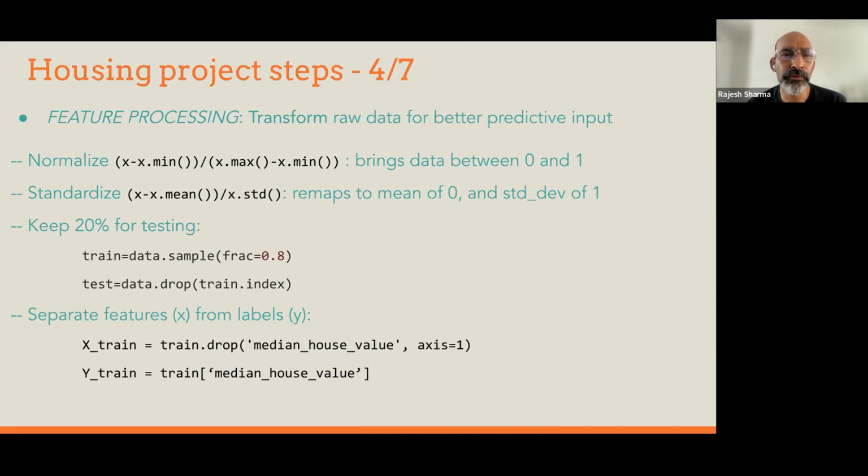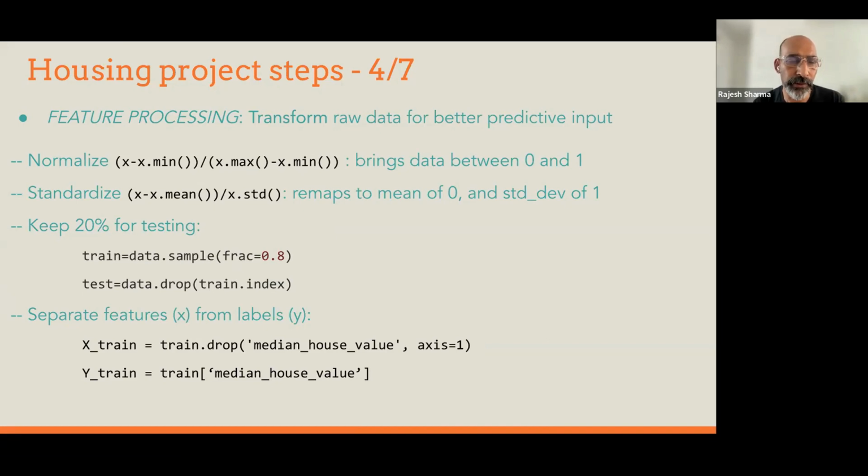So this is an important part where, as I said, you can sometimes normalize the data so everything is brought in between 0 and 1 by applying this function, which takes the difference of the max and the min and uses that for each input to put it between 0 and 1. Another way to do that is to standardize it. So not just normalize it, but also make sure that it has a standard deviation of 1.